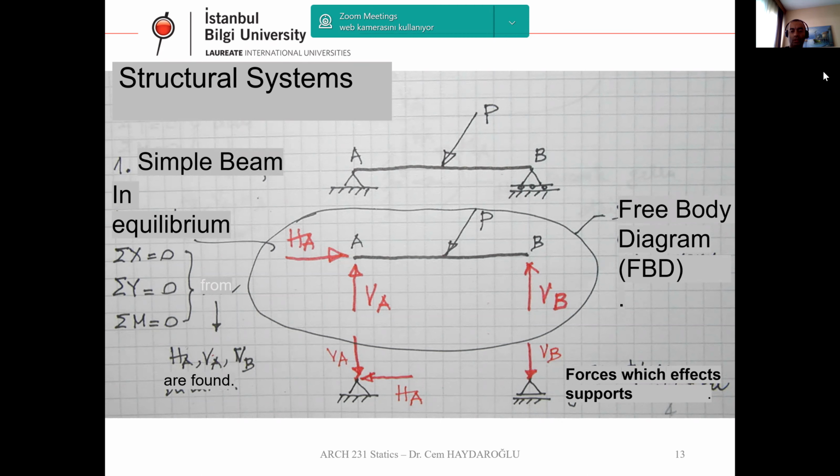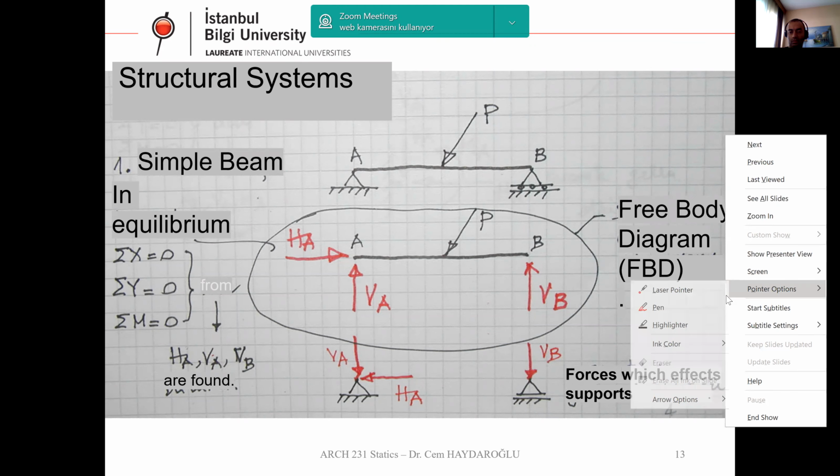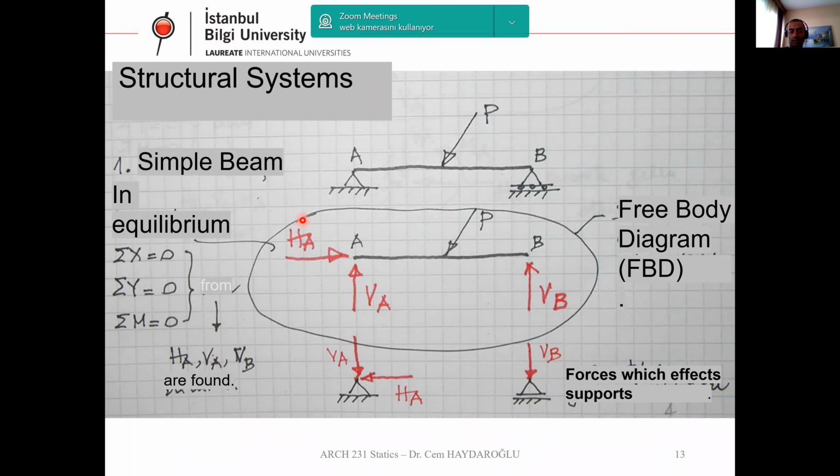In the second sketch, you can see the free body diagram of this simple beam. Here we have a pin support. Remember how many unknowns we have? We have two unknowns, two support reactions.